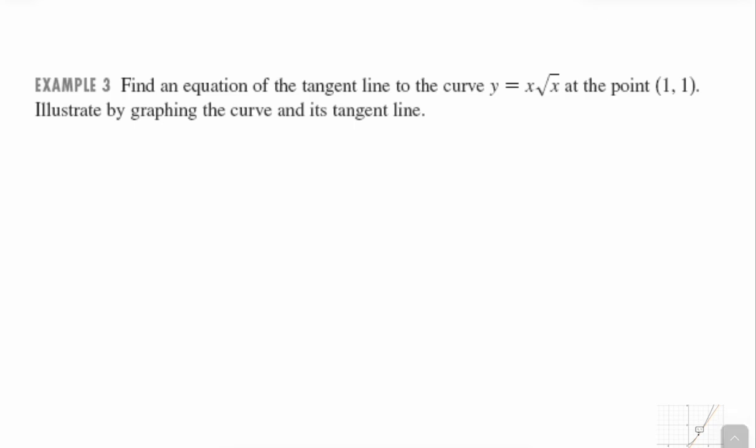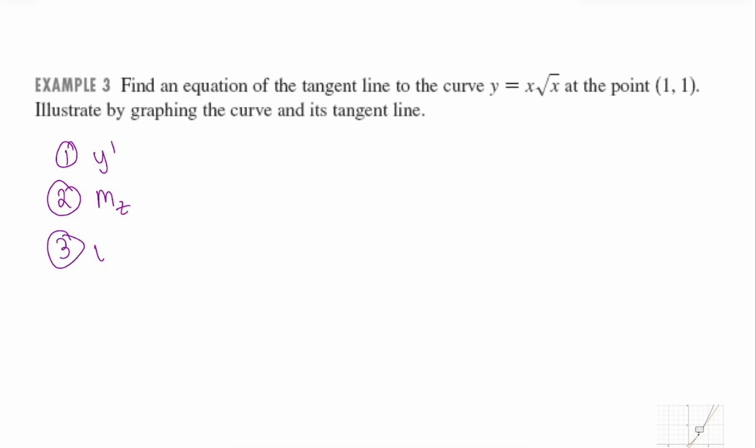So then that leads us to find an equation of tangent lines. Okay, so let's look. Anytime we are finding the equation of a tangent line, the first thing we do is we find the derivative. The second thing we do is we find the slope of our tangent by plugging in our information.